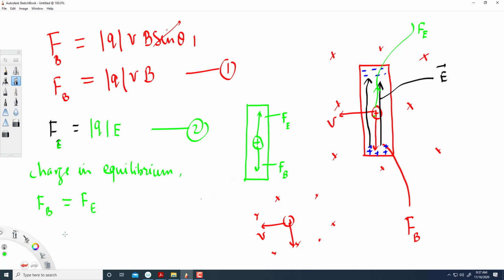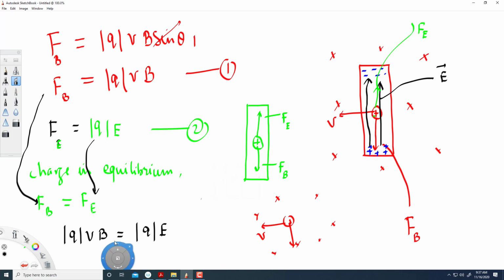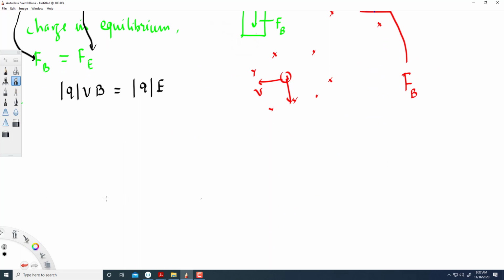So at equilibrium, Fb is QVB, Fe is QE. So this one is that, and this one is that. Cancel Q and Q. Then we will have B equal to E over V, velocity.